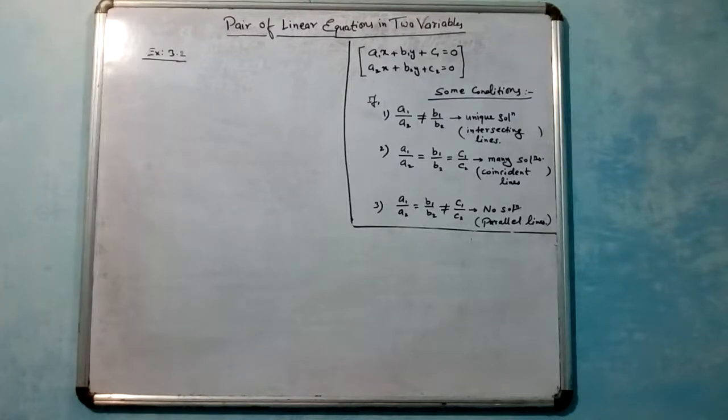So first compare and check whether they come under consistent or not, means whether they come under unique solution or many solutions. If they are coming for intersecting lines and for coincident lines, then only we have to represent them on the graph.